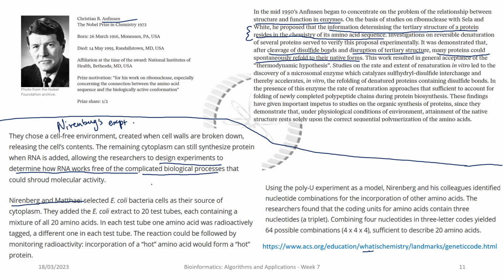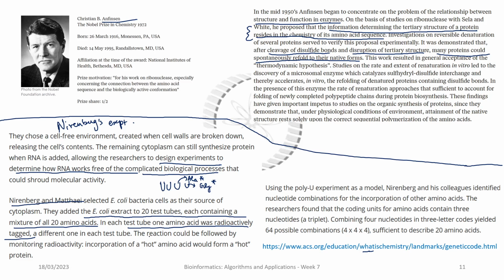So in a cell-free system, when RNA is present and all the ribosomes are there, and if you add different amino acids, they added E. coli extract to 20 test tubes, each containing a mixture of all 20 amino acids. In each test tube, one amino acid was radioactively tagged. So they had 20 different reactions where in each, say, glycine was radioactive, or alanine was radioactive. Only one of them was labeled. All the others are normal amino acids.